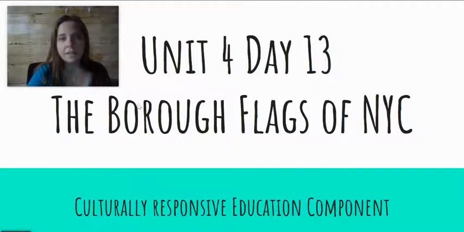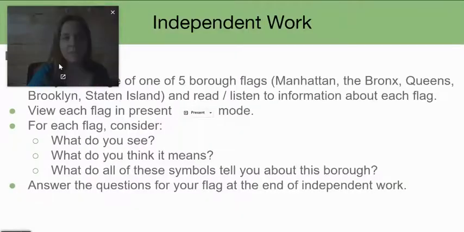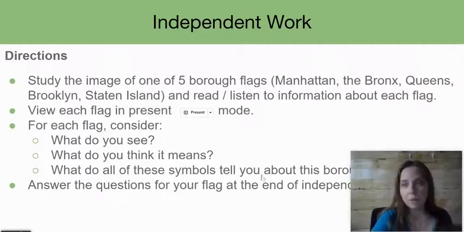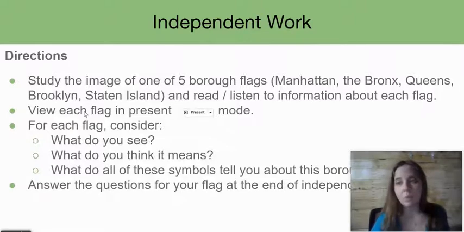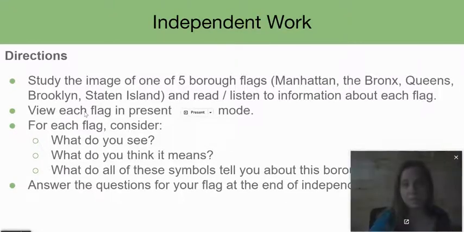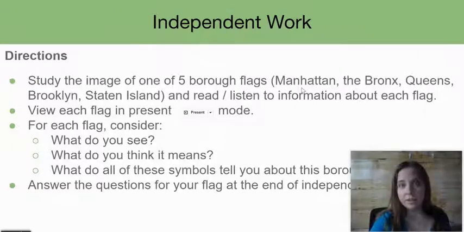So for this lesson, students were given the independent work option to study the image of one of the five borough flags. And this was their independent work during this lesson that you're sending them to do asynchronously.